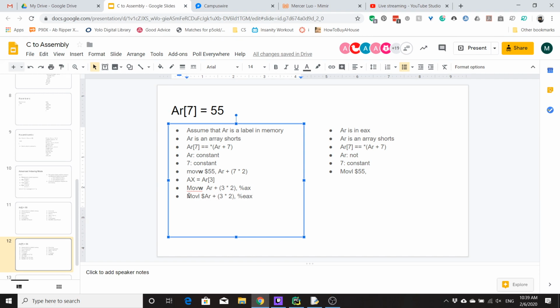What's the effect of this line here in C code? Yeah. So we will get the first element of AR and then add 6 to it and put that value into EAX. So you're saying that this line of code is equivalent to EAX is equal to star AR plus 6?